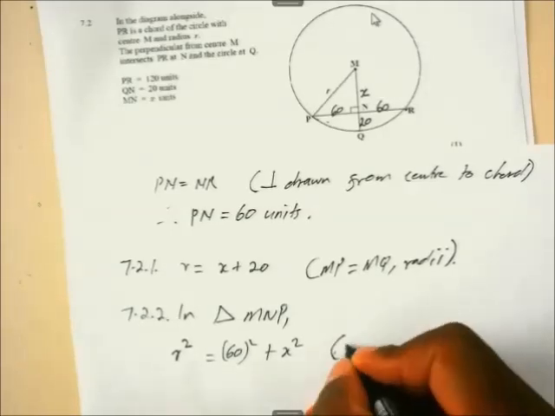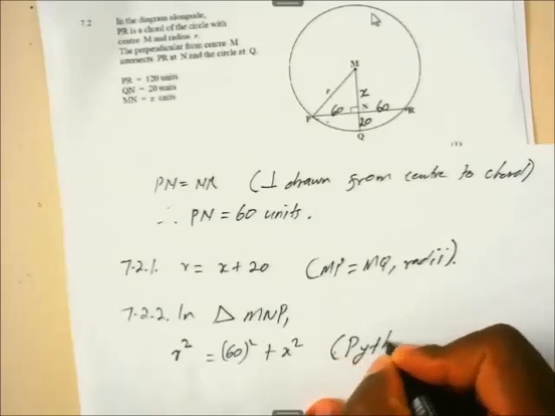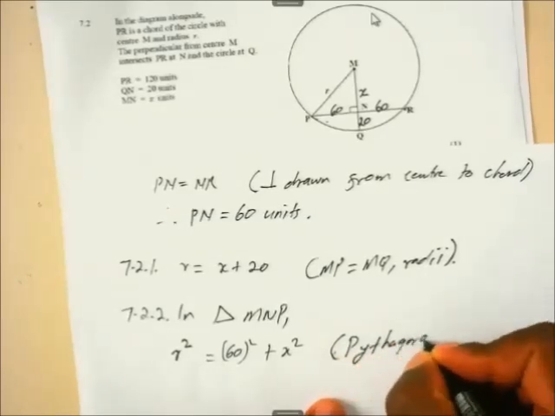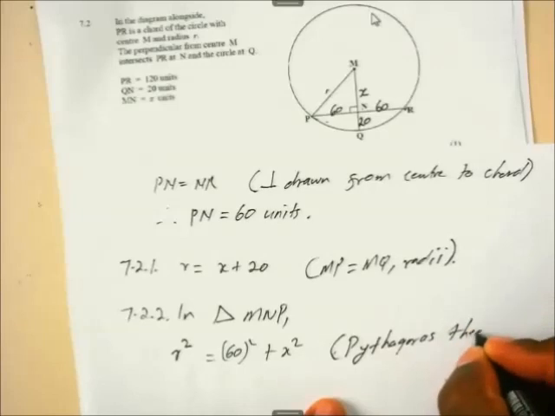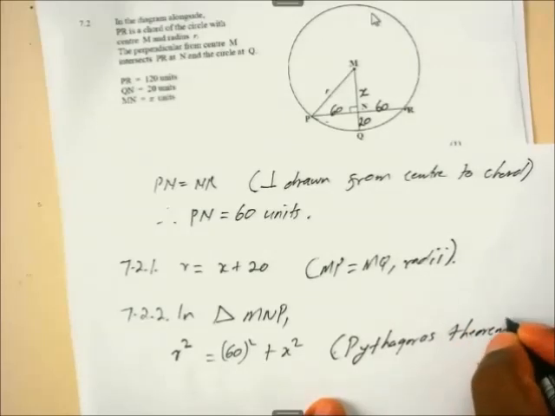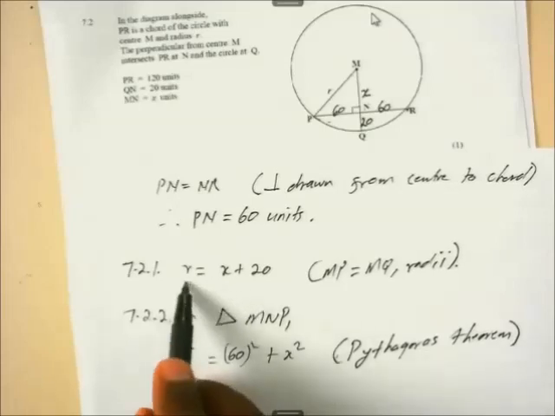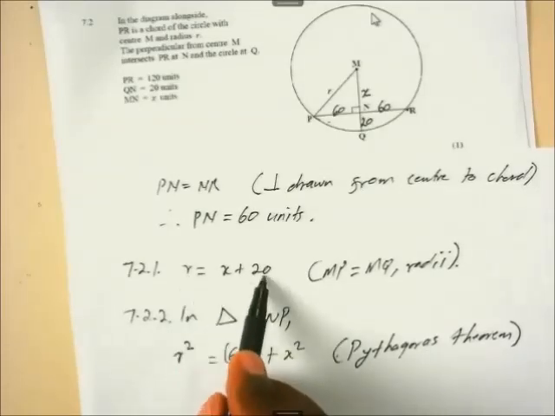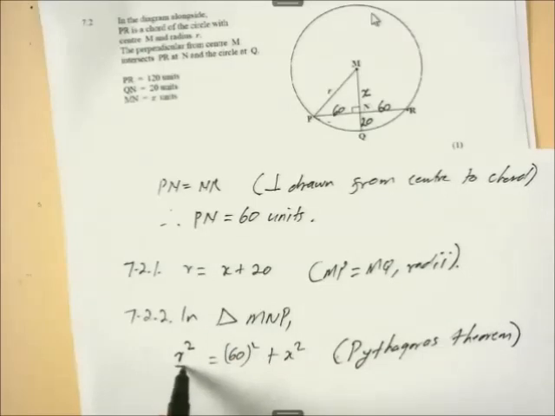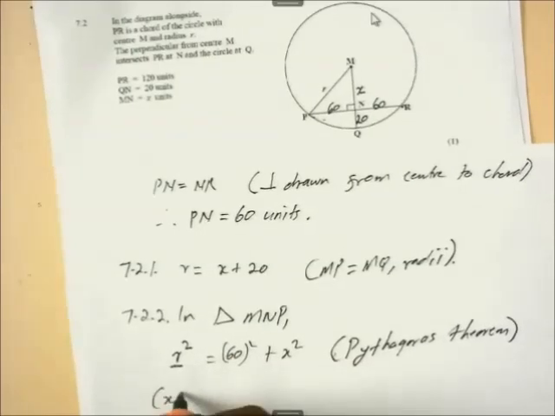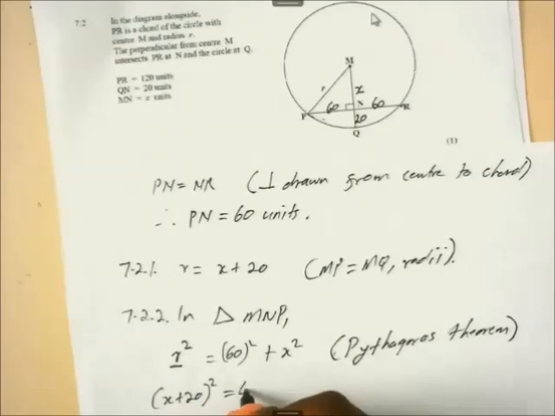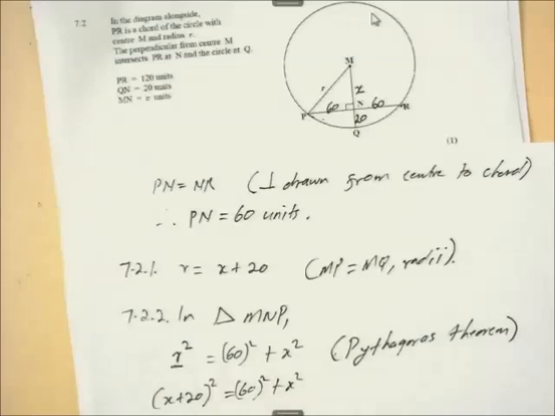The reason here is Pythagoras theorem. This is the application of Pythagoras theorem. Let's solve it. Remember from 7.2.1, R is equal to X plus 20. We substitute R by X plus 20. Then you square it, which is equal to 60 squared plus X squared.